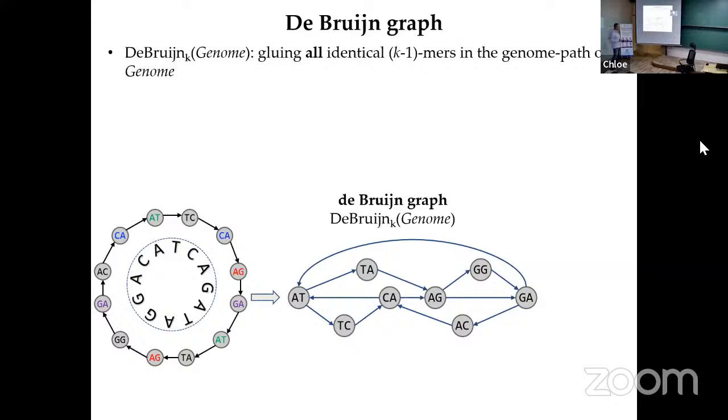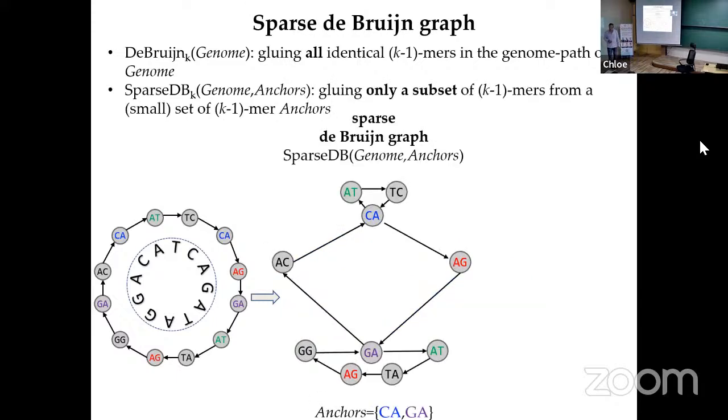Thank you. So de Bruijn graph, it's important to have this alternative definition of the de Bruijn graph: gluing all identical (k-1)-mers. We have a genome path, and we glue all identical (k-1)-mers. That's the way to get this done. Sparse de Bruijn graph: we don't glue all identical (k-1)-mers.